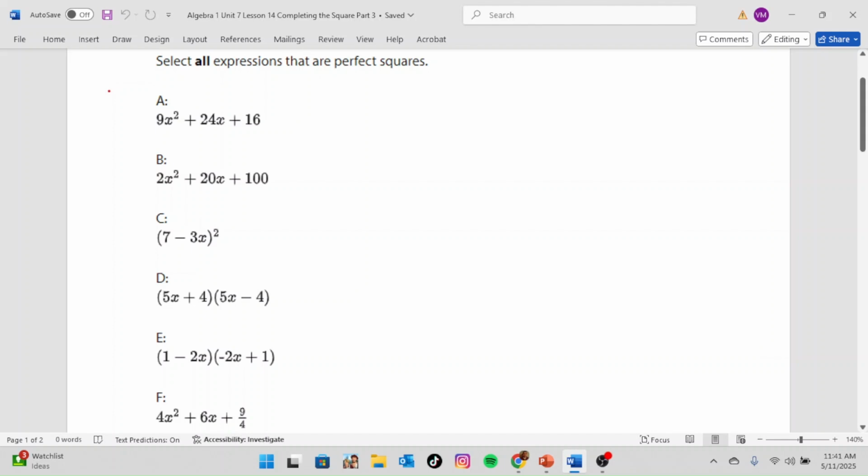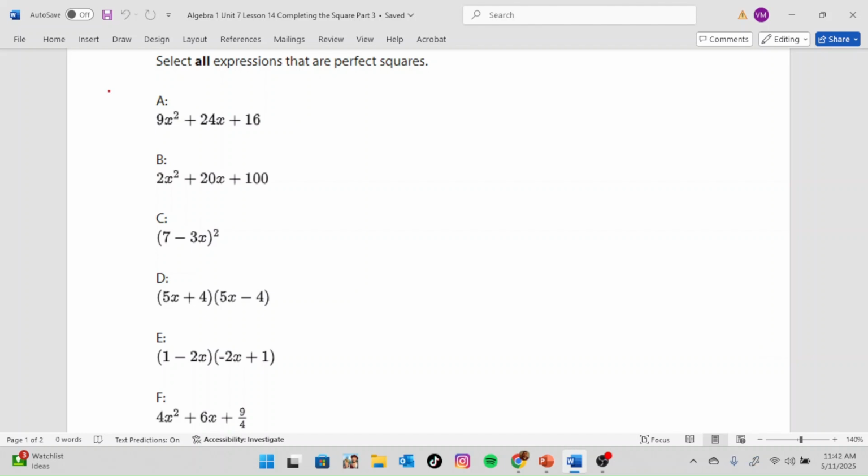Now we can begin the practice problems for Unit 7, Lesson 14. The first one simply wants us to select all expressions that are perfect squares. So first, let's look at the ones that are obvious.